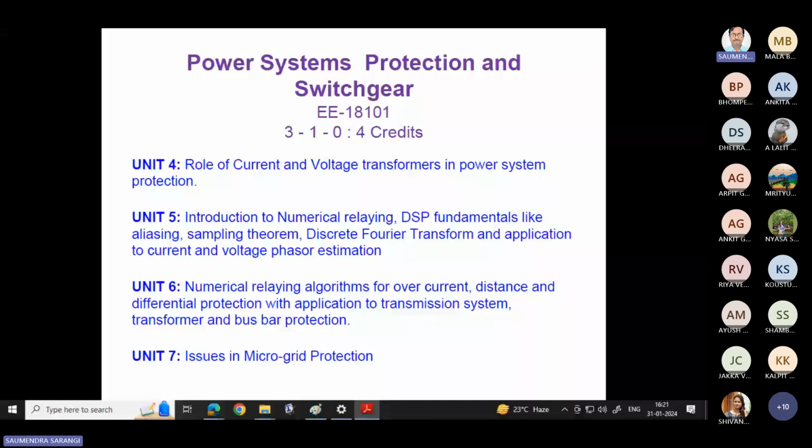That will be covered in Unit 5. And Unit 6 is about different types of overcurrent relay, distance relay, and differential protection scheme. We have to understand how the digital protection will be carried out.